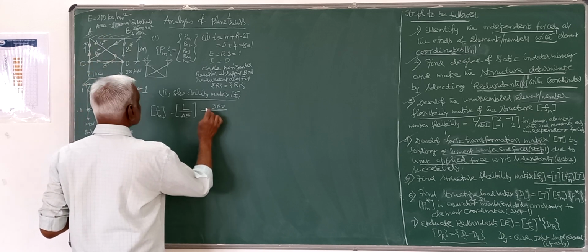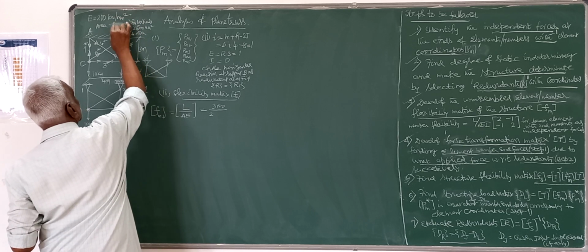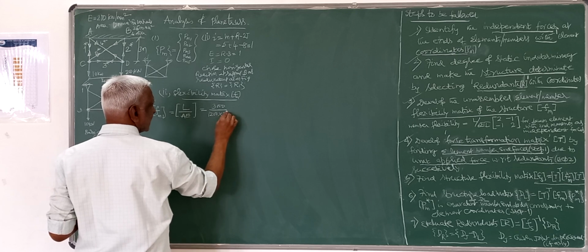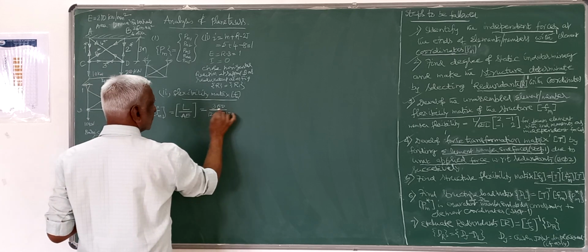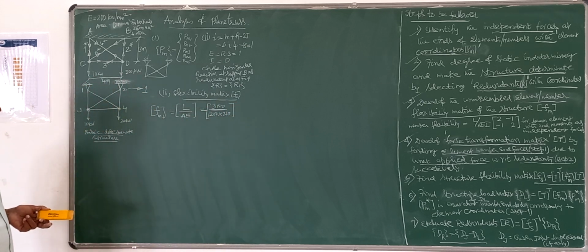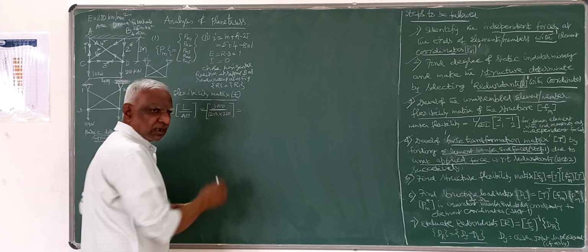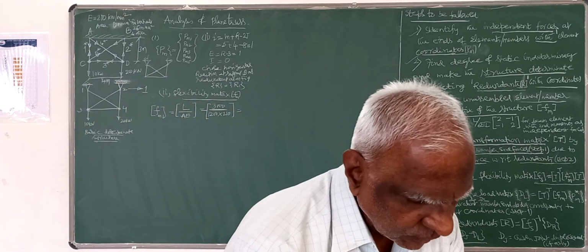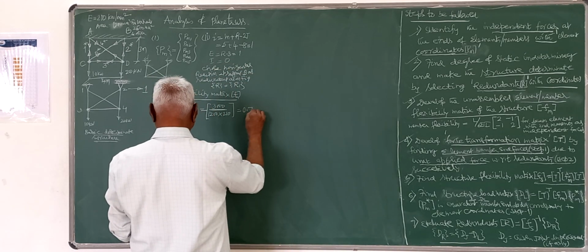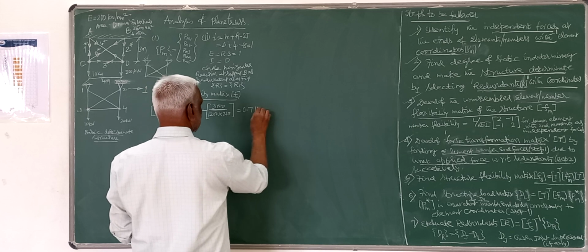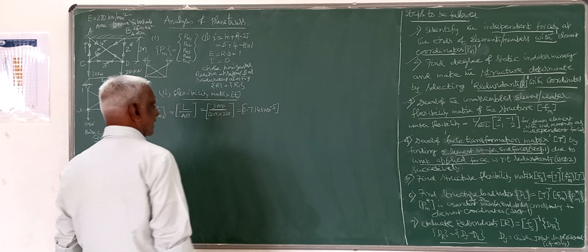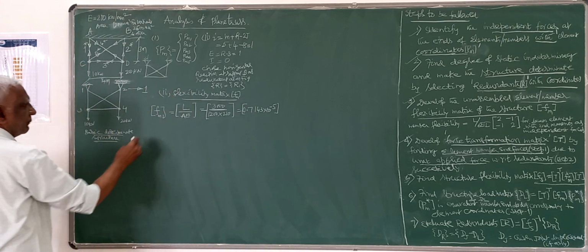So I will take this instead of 2000, 1200. 1200 into E, which is 210. So this is that flexibility matrix. This particular thing I have simplified. This value you are going to get as 0.7143 into 10 to the power of -5. That is the flexibility matrix of first member.